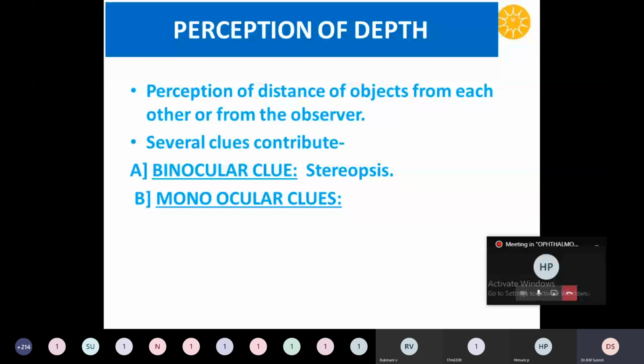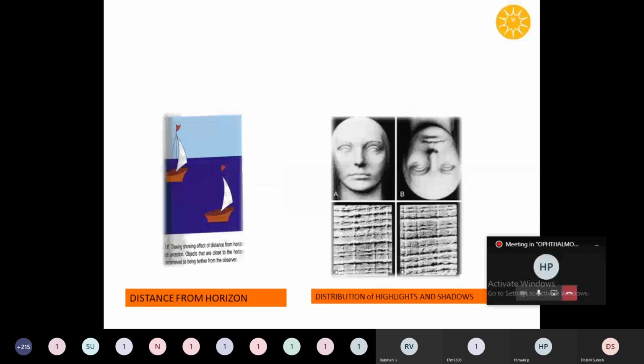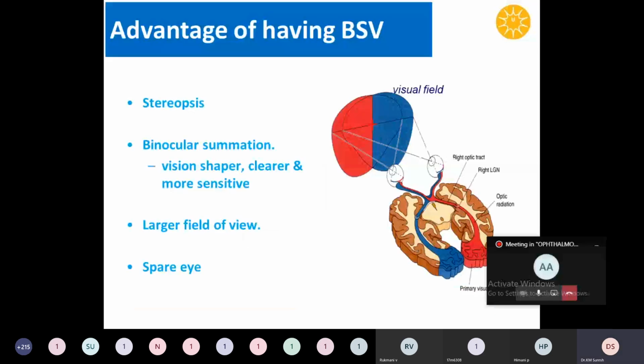Several clues contribute: binocular clues and also monocular clues contribute to perception of depth. These are a few examples of how we normally perceive depth. So these are the advantages of BSV: you have stereopsis, binocular summation, large field of view, and a spare eye.